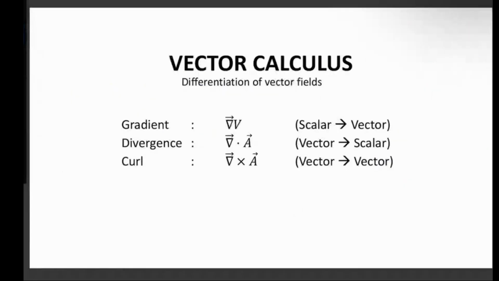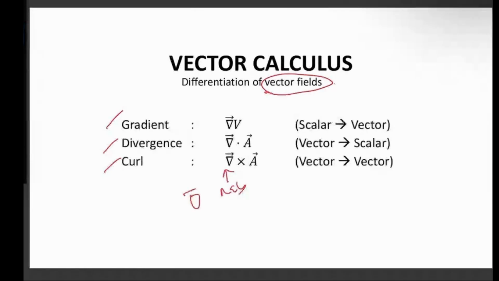Now we go to vector calculus. It's a differentiation of vector fields. We have 3 types of calculus that we will cover: gradient, divergence, and curl. This one is del or nabla, the symbol for nabla.